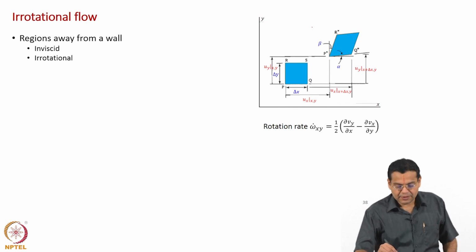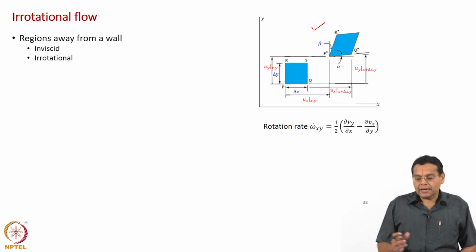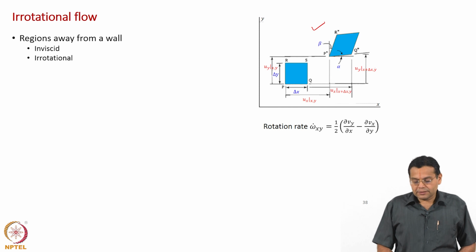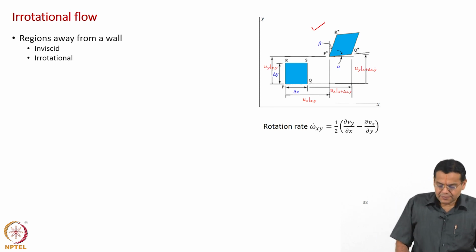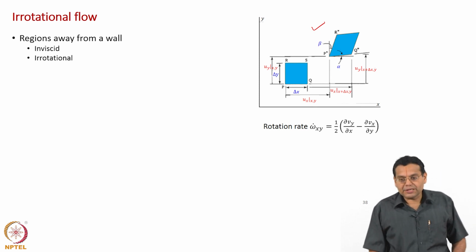This diagram is familiar to us. It shows a fluid element at time t and the same element at time t plus delta t. It can undergo normal strain rate, shear strain rate, and also rotation rate. Now, the condition we are stating is that there is no rotation of the fluid element.